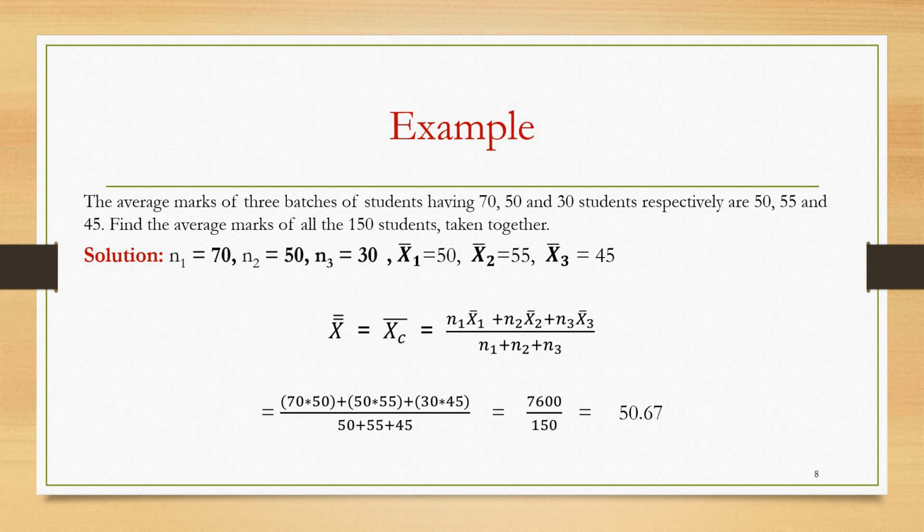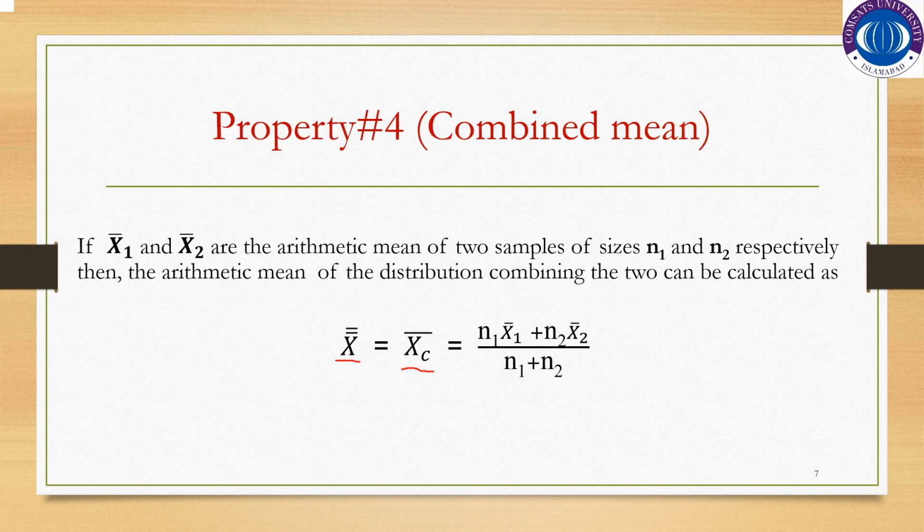Now, we want to calculate combined average marks. What we will do, we will just put these values in the formula. In the last slide, we have studied the combined mean formula for 2 groups. If we have 3 groups, we will add the part of the third group and so on.